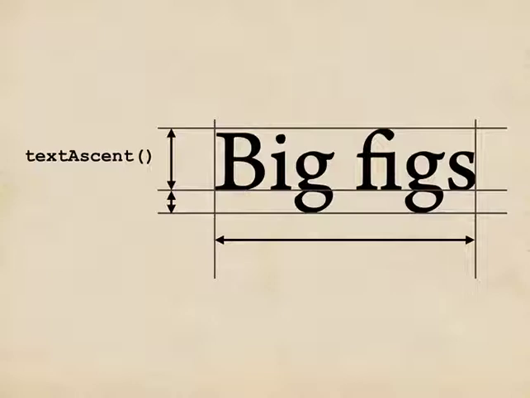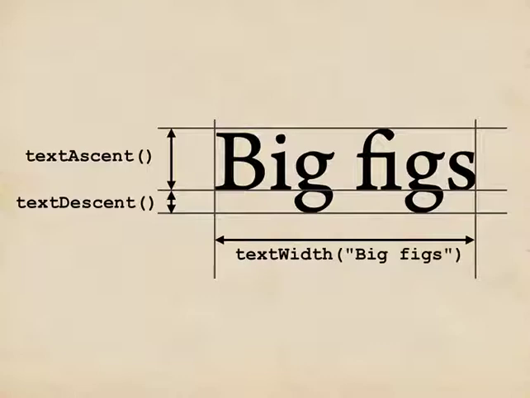And here, in fact, we can see that the lowercase f sticks up higher than the capital B. We can also find out how far most of the descenders go below the baseline by calling text descent. Both of these operations apply to an entire font. If we want to know how wide a particular string is, we call text width and we give it the string. And that tells us the width of that string in the currently active font.